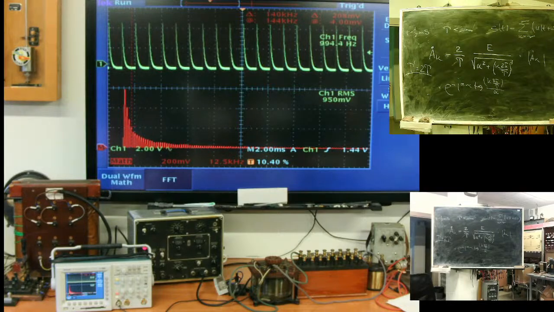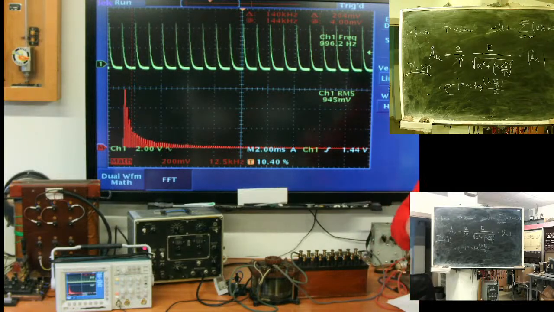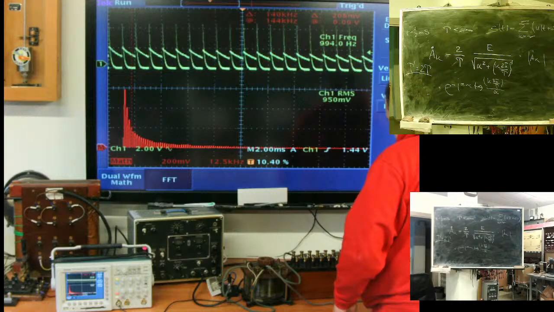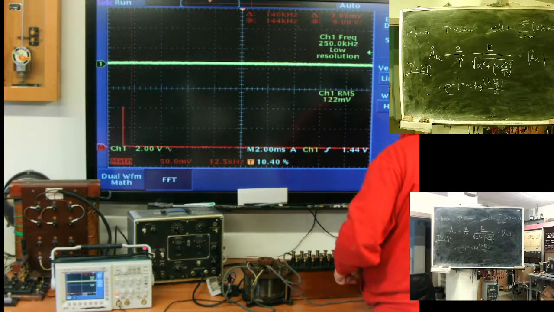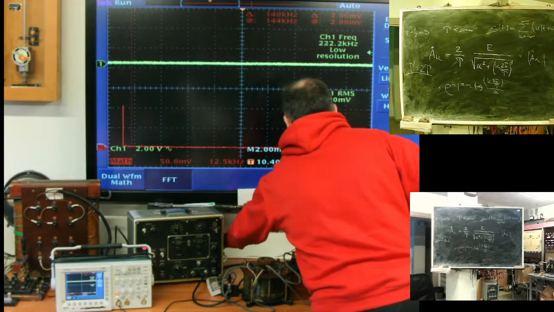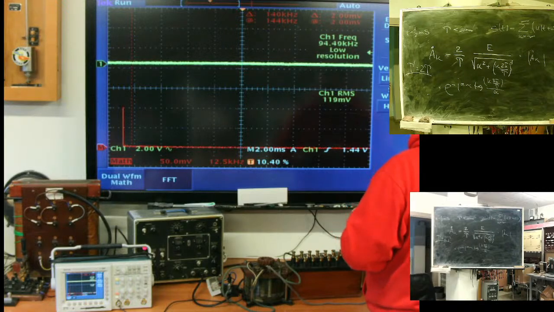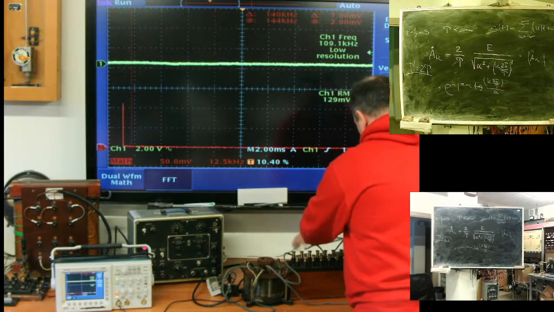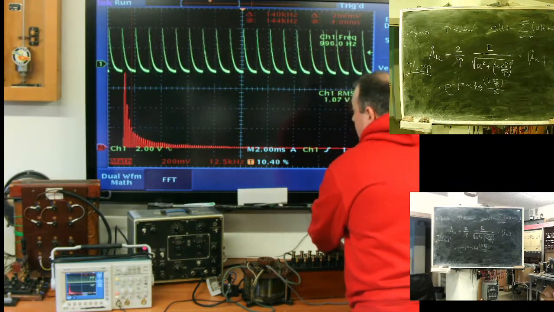One second, only one wire. I will do one trick. I will add this 100,000 ohm resistor to my circuit. I will try to make it more visible. Not 100 but 200. Yeah.